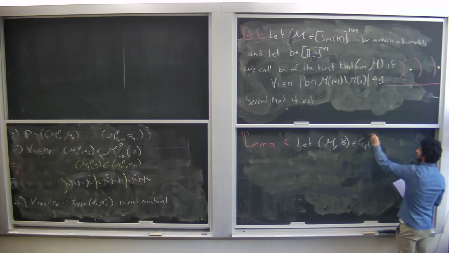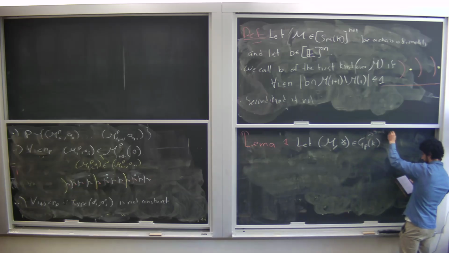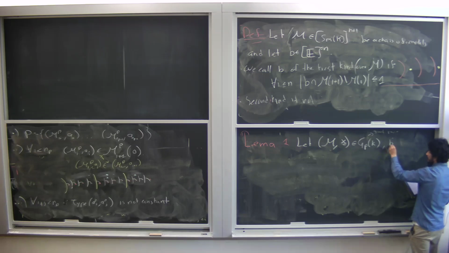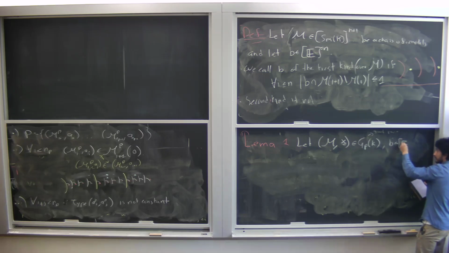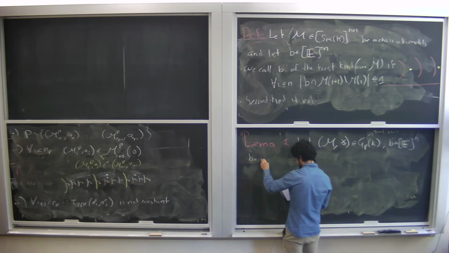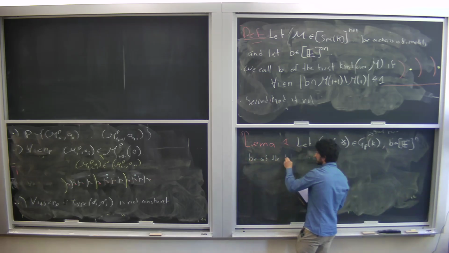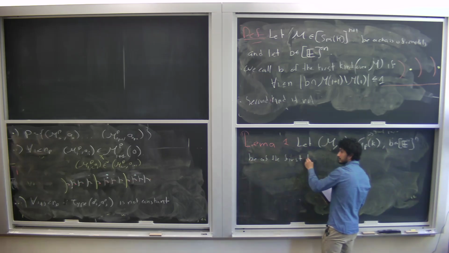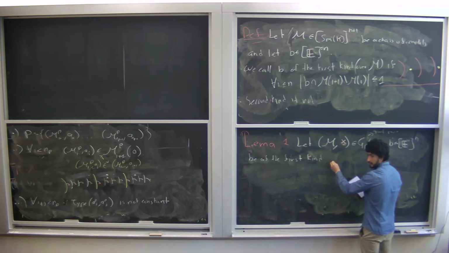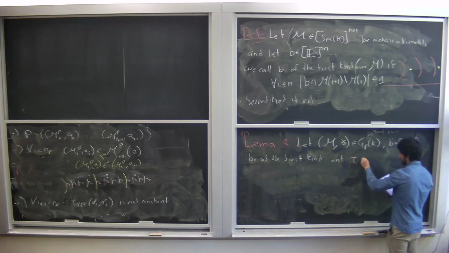So good. Let B be in E^n, B of the first kind, of course over M, and fix a type tau.